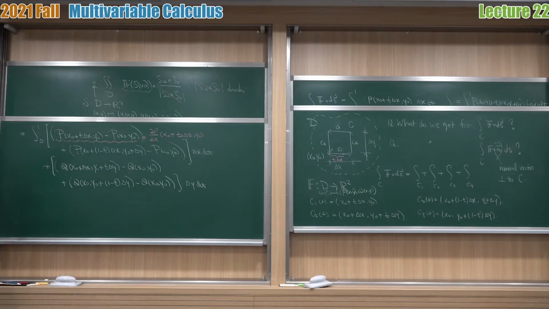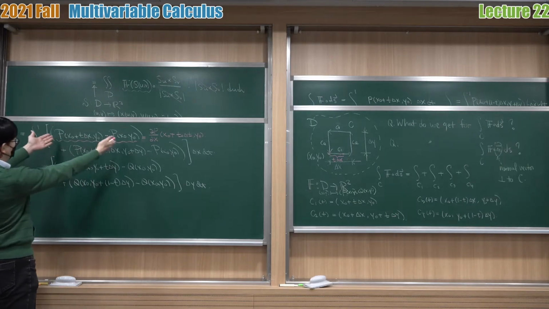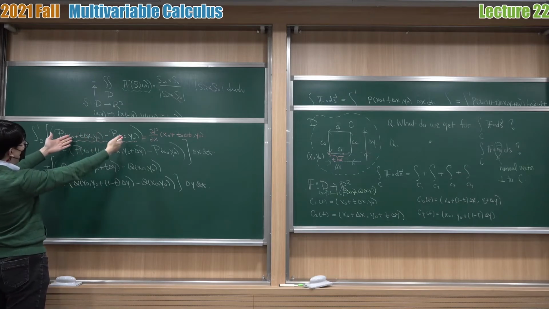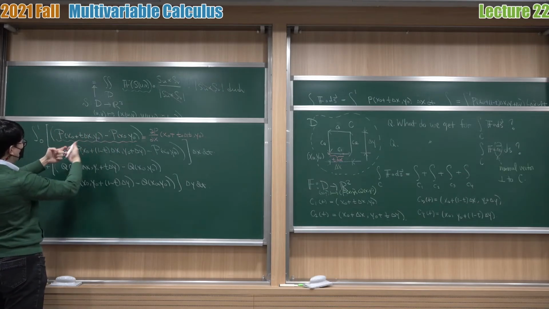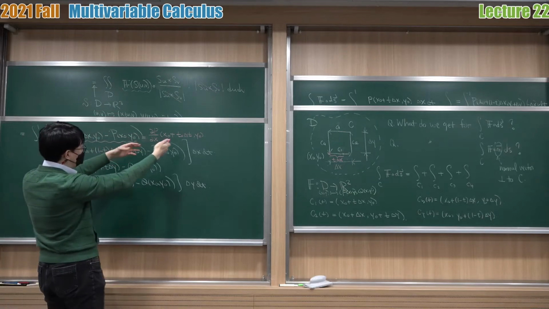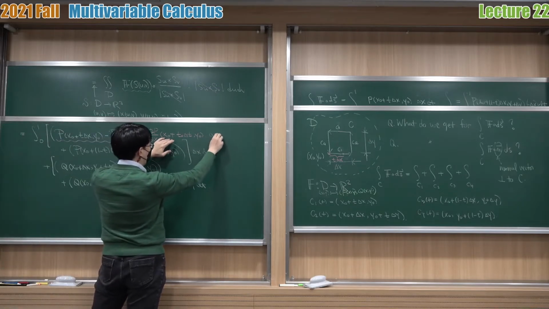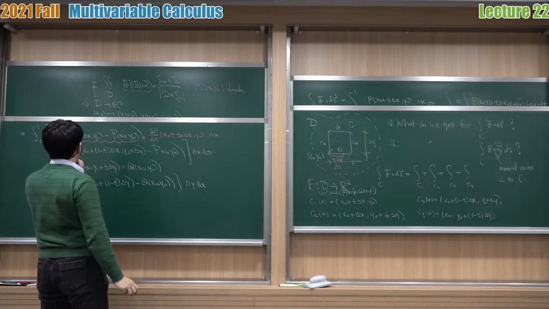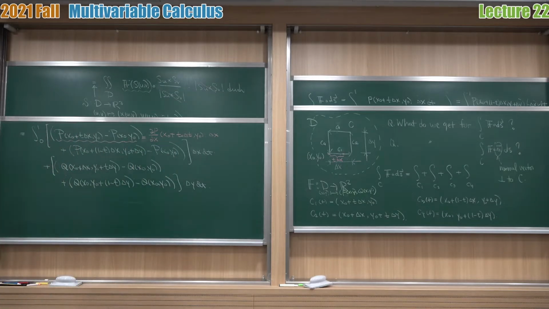So this is equal to some value of the partial derivative times, because we only look at the difference between values of functions. So if you want to approximate that with the partial derivative, then we have to multiply that by delta x.